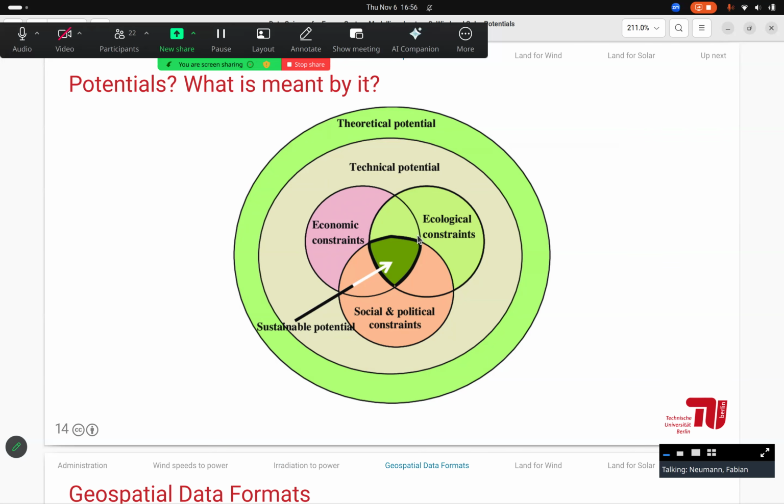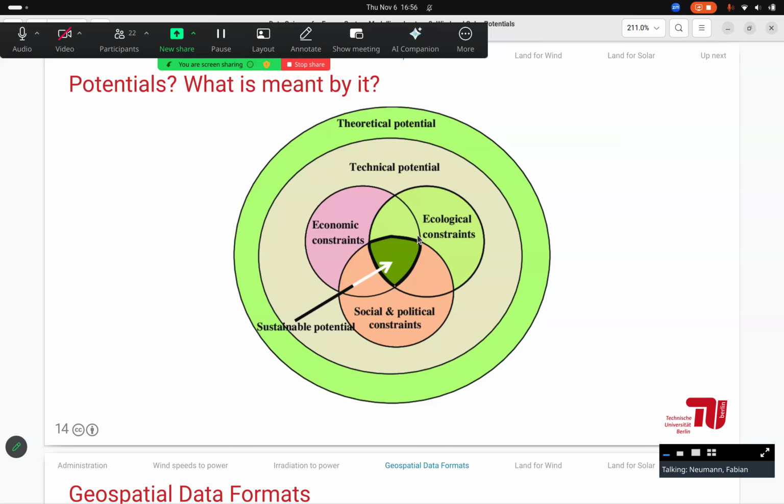That's something like a theoretical potential. It doesn't take into account any factors in where can you actually build wind turbines. Maybe you can't build the wind turbines at an elevation of 3,000–4,000 meters. Maybe not possible. Maybe certain land types are just not technically made to build a stable foundation.